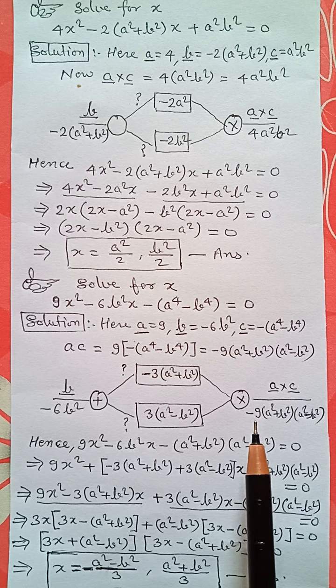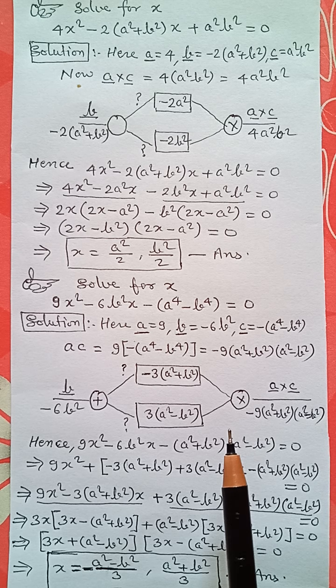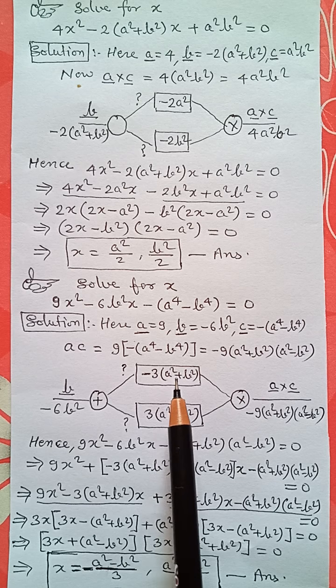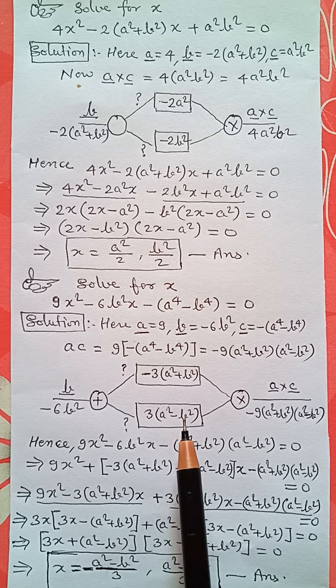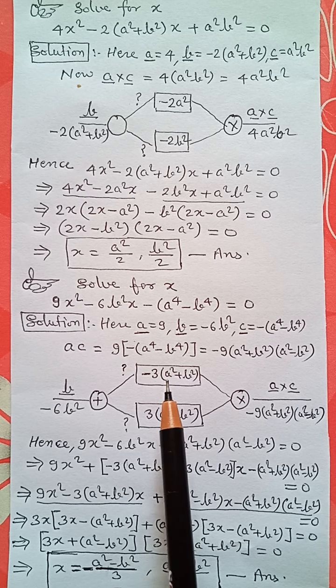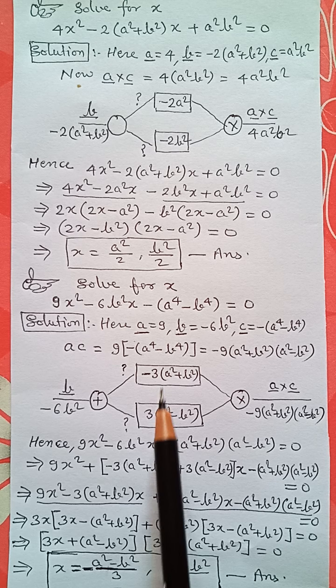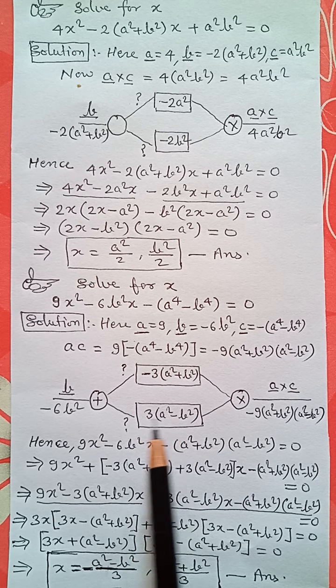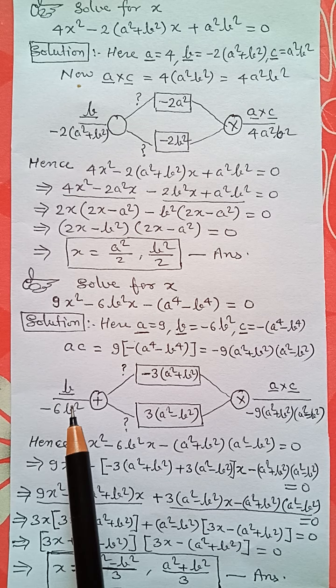Let us see, will this work or not? Now here −3(a² + b²) and 3(a² − b²). If we add, −3a² and +3a² get cancelled, −3b² and here also −3b², that is −6b². Therefore their sum is −6b².